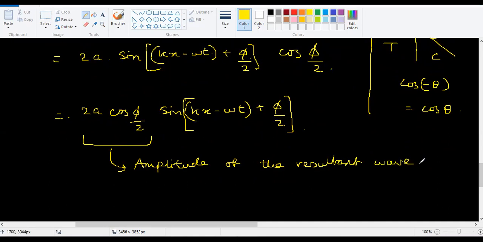Can anyone tell me what is the phase difference of the resultant wave? Kirtan, can you say? Kevin?